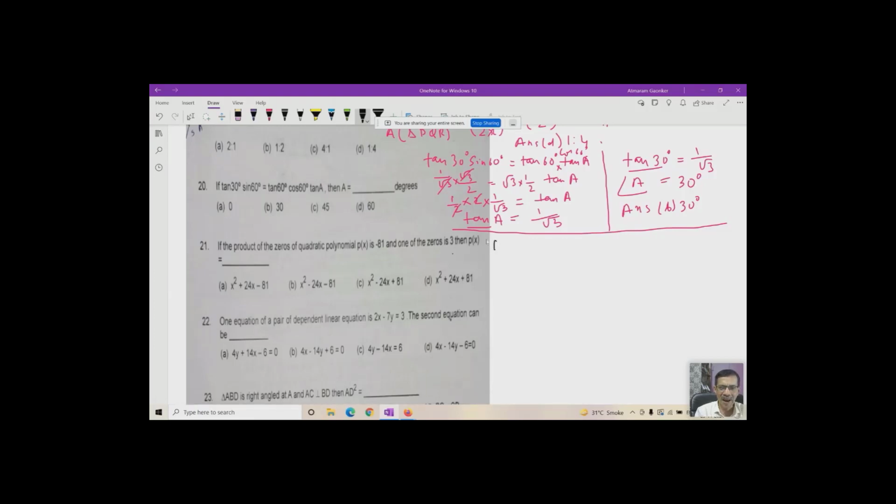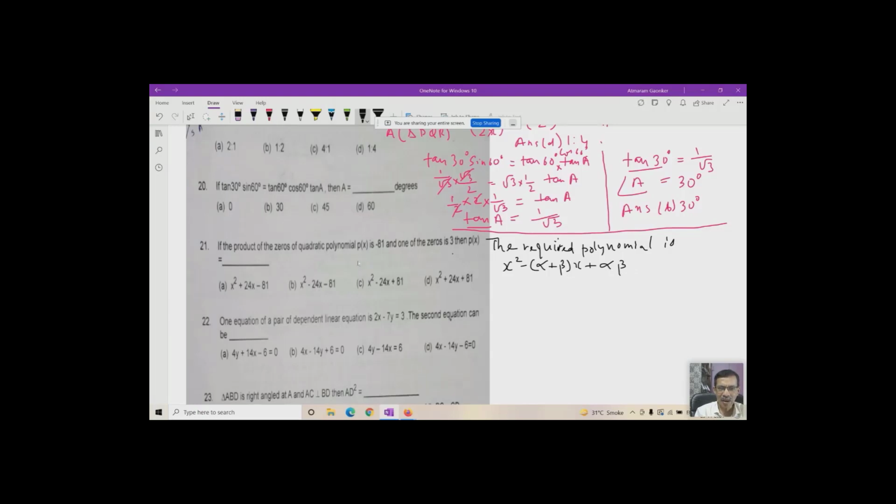Now the required polynomial is: always, if you know alpha and beta, the polynomial is written as x square minus (alpha plus beta) into x plus alpha beta. This is the required polynomial.